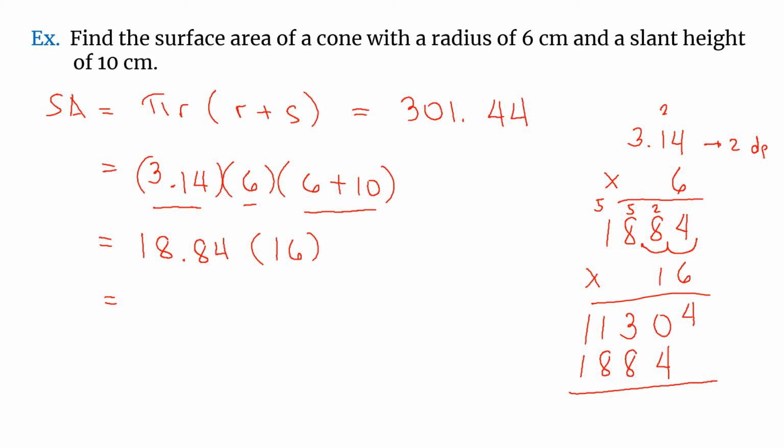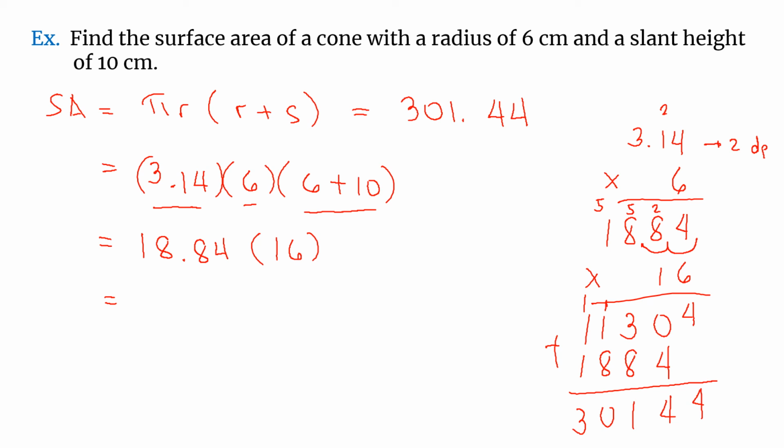So let us check or let us add. Okay, so bring down the last 4, then 0 plus 4 is 4. Then what? So mamaya tingnan natin. Okay, we have here 3 plus 8 is 11, carry 1, plus 1 is 2, plus 8 is 10, carry 1, plus 1 is 2, plus 1, it is 3.